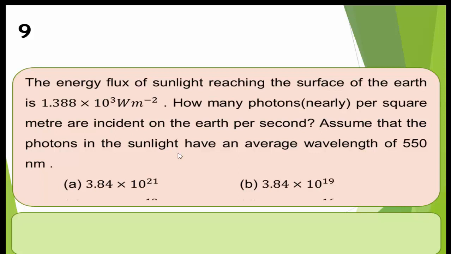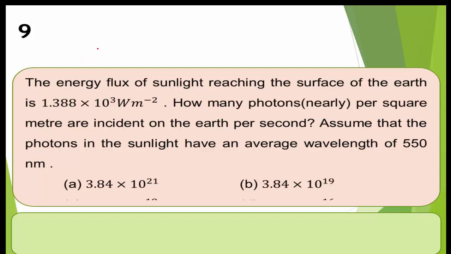That is the energy. E is equal to hc divided by lambda, or that is equal to the number of photons. And how many photons per square meter are incident on the earth per second? Assume that the sunlight has an average wavelength, that is lambda value. Lambda is equal to 550 into 10 to the power of minus 9 meter.